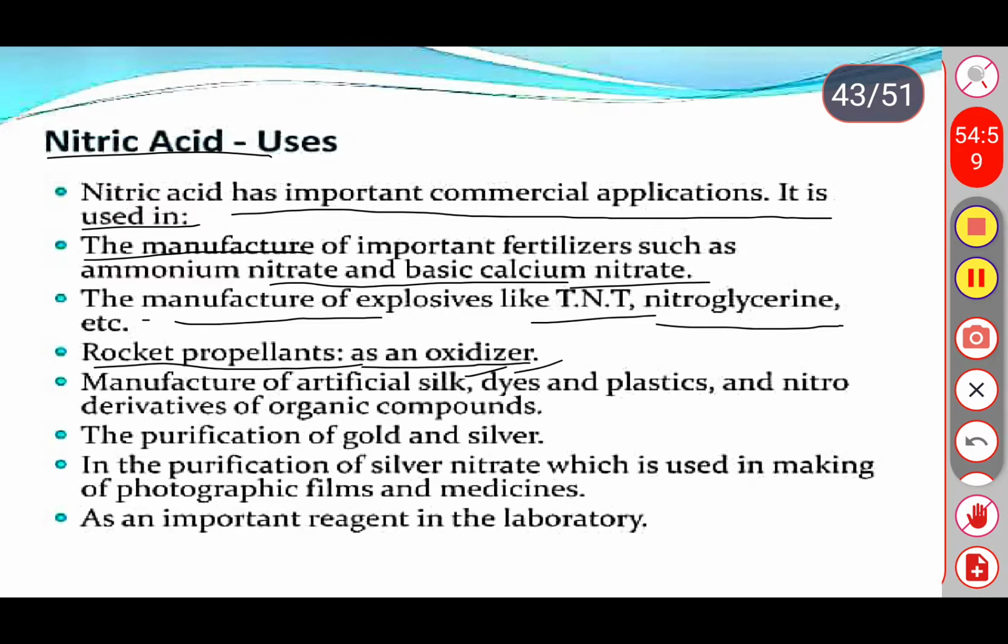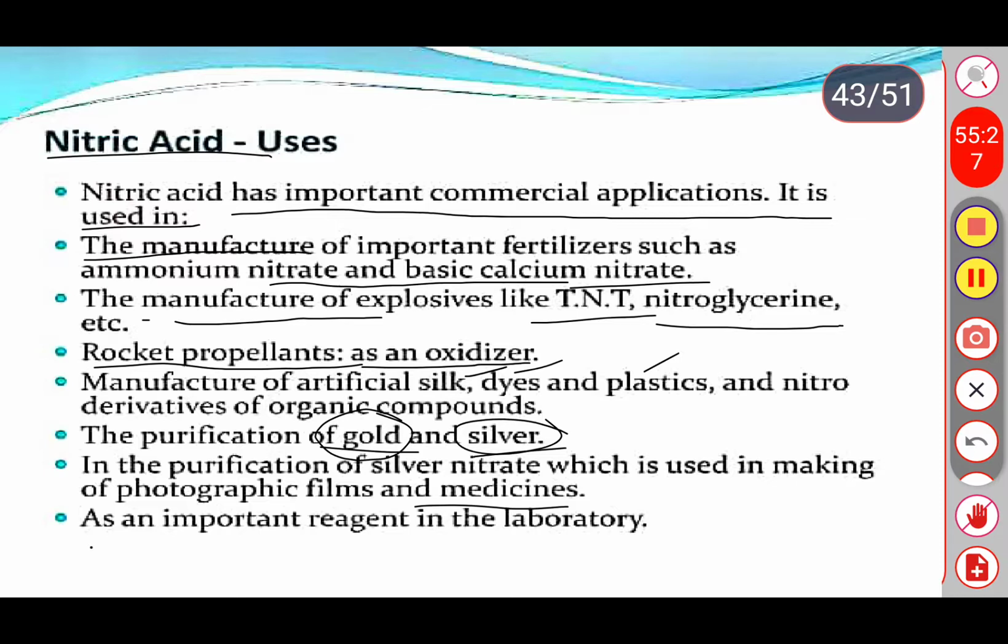The next use is in the preparation of silver nitrate, which is used in making photographic films and medicines. The last use of nitric acid is as an important reagent in laboratories.